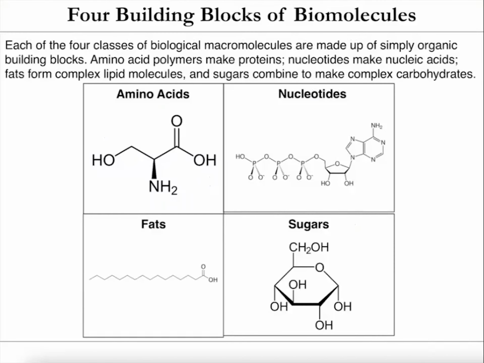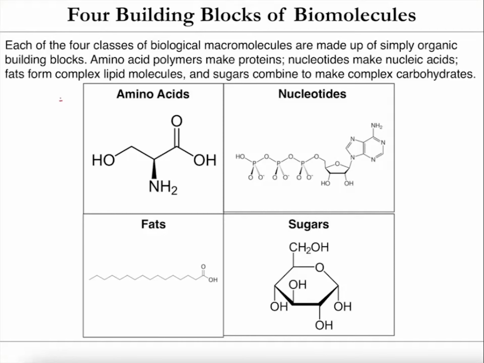Since these molecules are basically made up of polymers, each of these molecules, proteins, nucleic acids, lipids, and carbohydrates, are made up of more simple organic building blocks. These simple organic building blocks will then connect with each other, basically like Legos, to form these large biopolymers: proteins, nucleic acids, lipids to some extent, and complex carbohydrates.